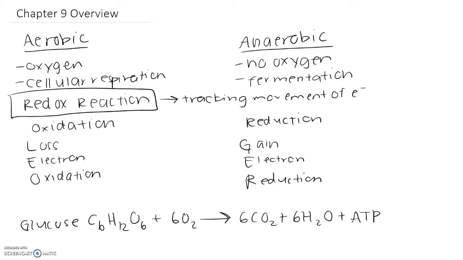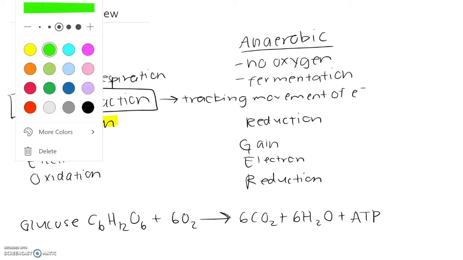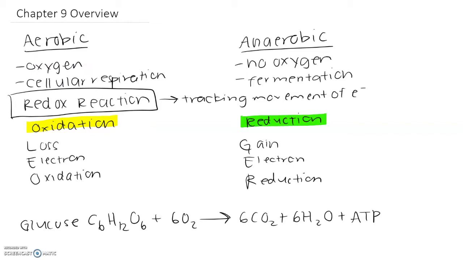Now, when we think about a redox reaction, what I'm gonna do is I'm actually gonna color code over here. Let's just say oxidation, I'm gonna highlight in yellow, and I'm gonna say that reduction is green. So in oxidation, when you're losing electrons, we can also track how electrons are moving by looking at hydrogen. So you can think movement of electron, track hydrogen.